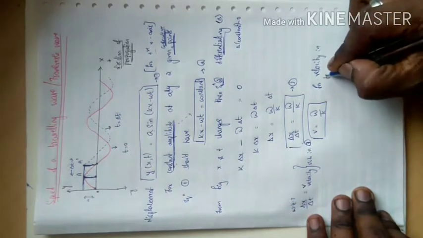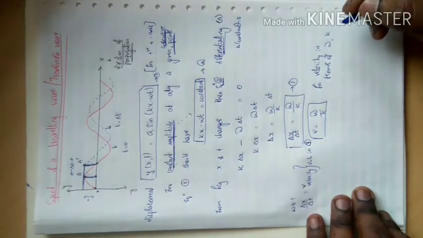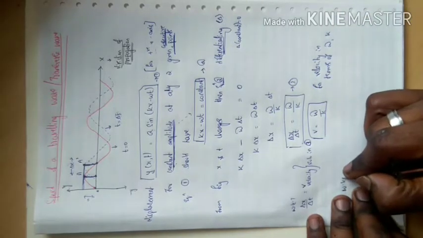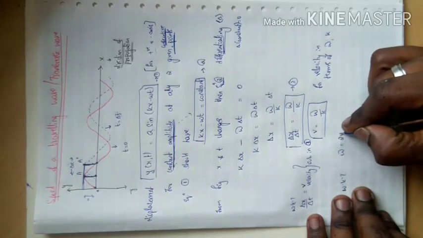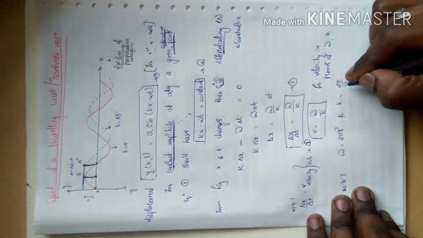Velocity in terms of omega and k. We know that omega is equal to 2 pi nu and k is equal to 2 pi by lambda.